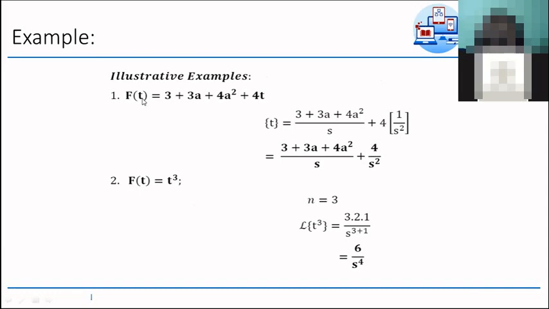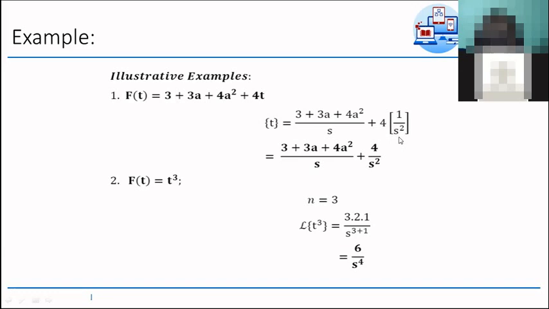So the Laplace transform of the function of t, which is 3 plus 3a plus 4a squared plus 4t, is equal to 3 plus 3a plus 4a squared plus 4 all over 1 all over s squared. That is the way we are going to simplify our equation.